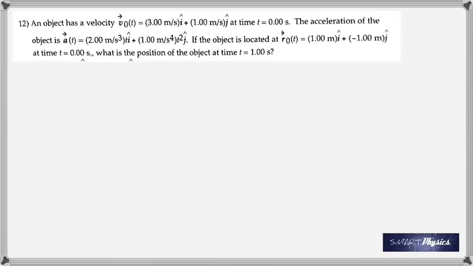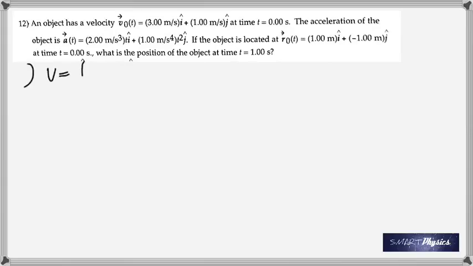Brings us to the 12th one. Here we have a little bit of calculus. You have the velocity given by this vector, and acceleration, and if the object is located at this position at time 0 seconds, what is the position after 1 second? You've got to find position.